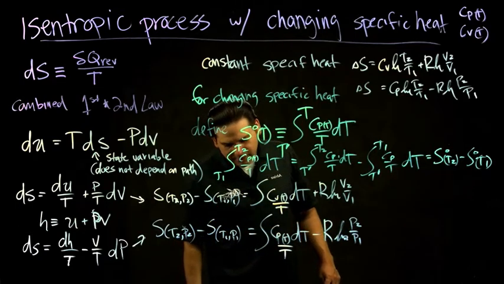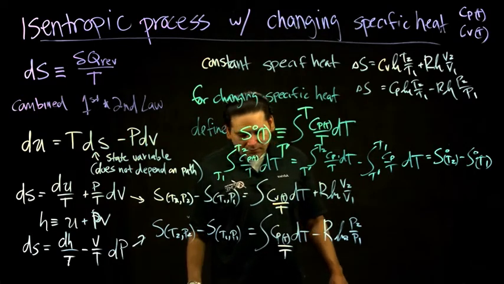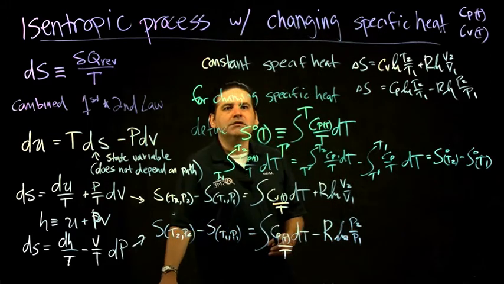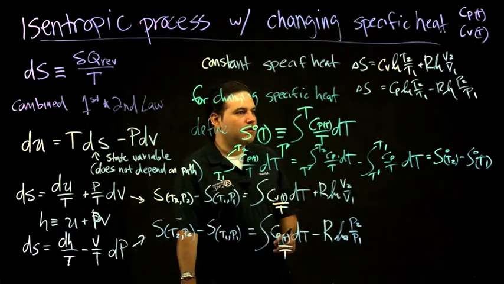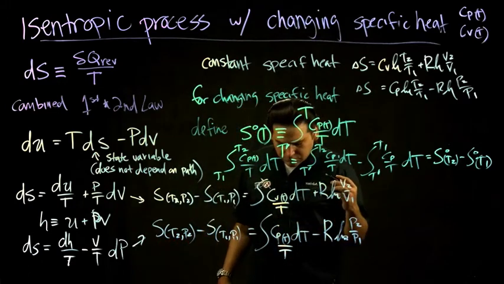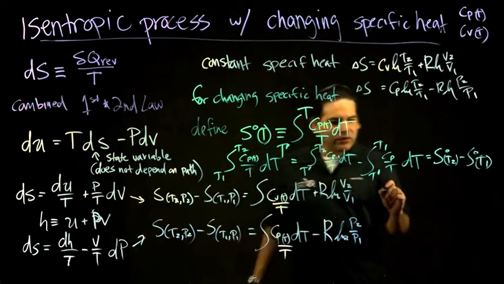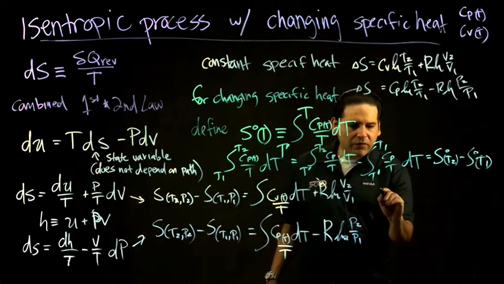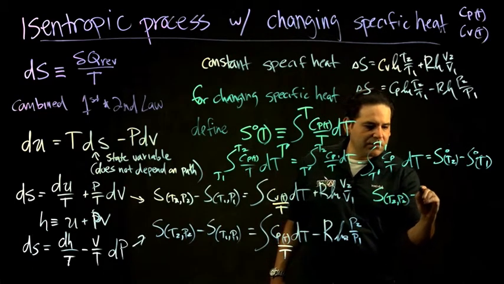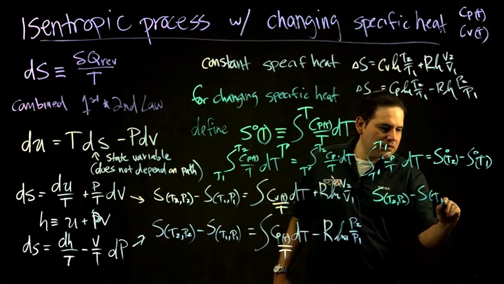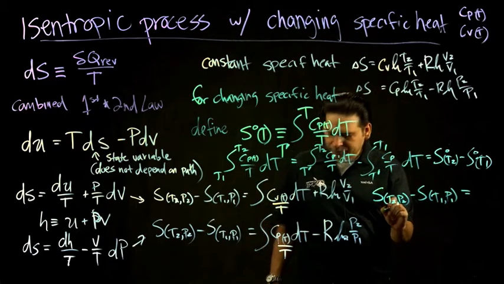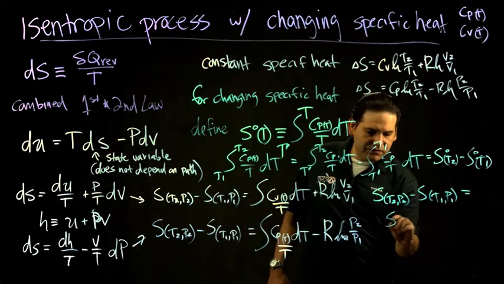Okay, so once we do that, we can say, let's see here, where should I put this? So when we do that, we can say for some arbitrary process where the temperature and the pressures change, we can relate that to these reference values from the table.